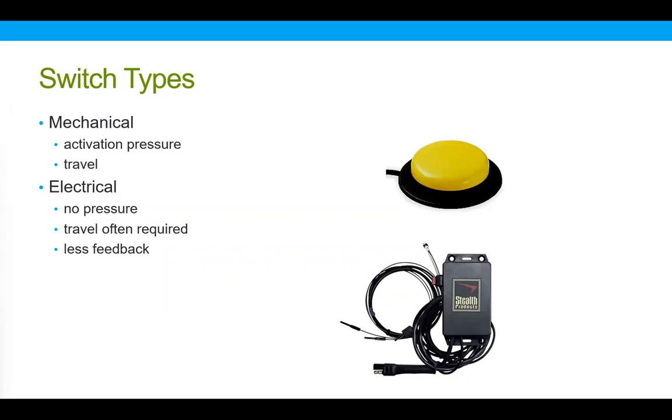So it's just important to keep in mind, some of our clients really do benefit from feedback. I'm a big fan of that. But with these electrical switches, it's important that the client has a chance to practice and understand, yes, you have activated the switch, even though perhaps you're not even touching it. So we don't have the same tactile feedback. We just have to approach the switch. And we may not have the auditory feedback.